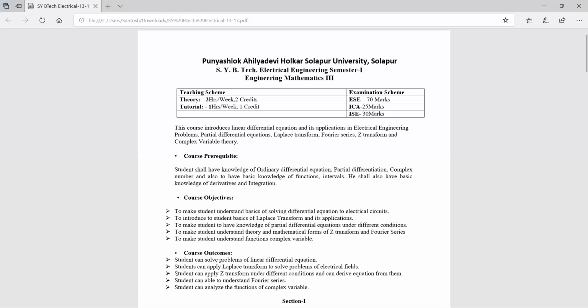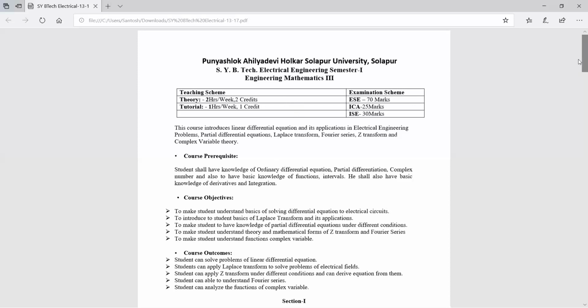Third outcome, a student can apply Z transform under different conditions and can derive equations from them. Next outcome of this course, a student is able to understand Fourier series. And last one, a student can analyze functions of a complex variable. These are the objectives and outcomes of the given course.